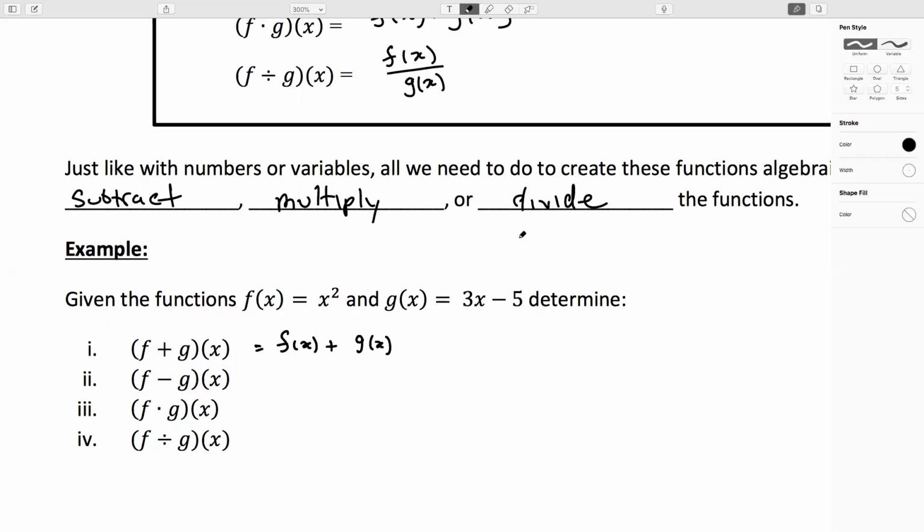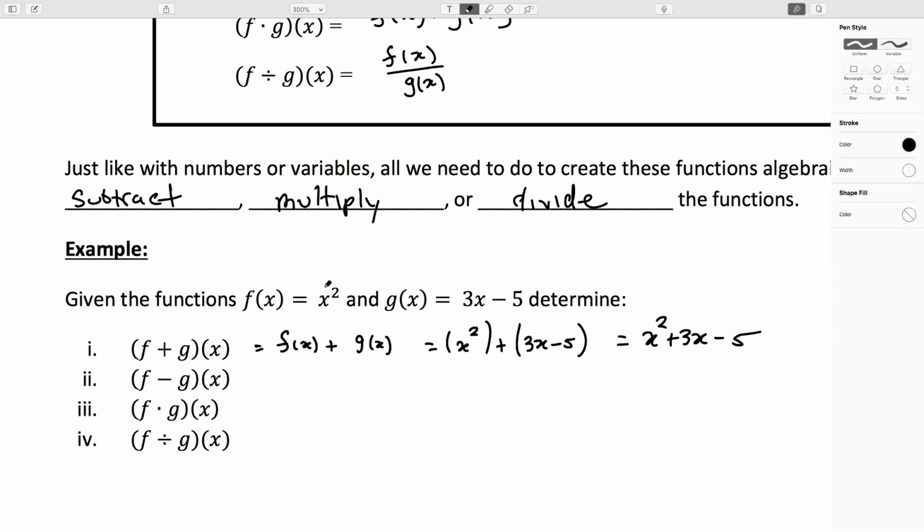And then we literally just replace f with x squared and g with 3x minus 5. So this equals x squared plus (3x minus 5). And then when we get rid of the brackets, it's x squared plus 3x minus 5. So we're just basically changing labels into functions.